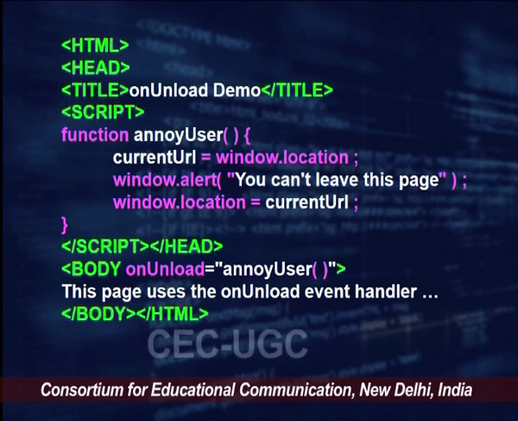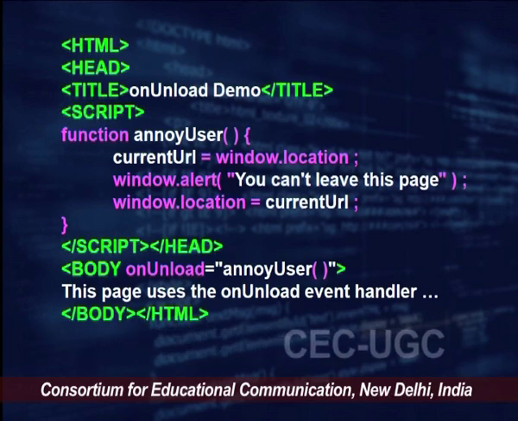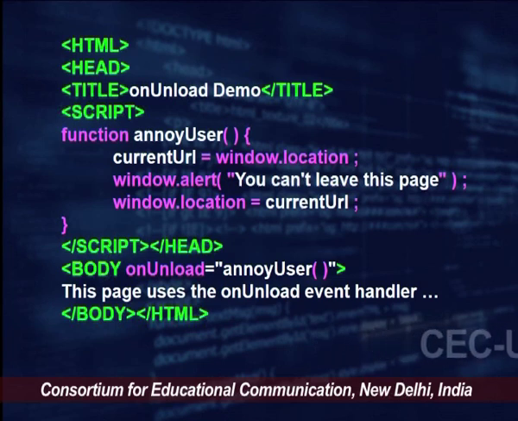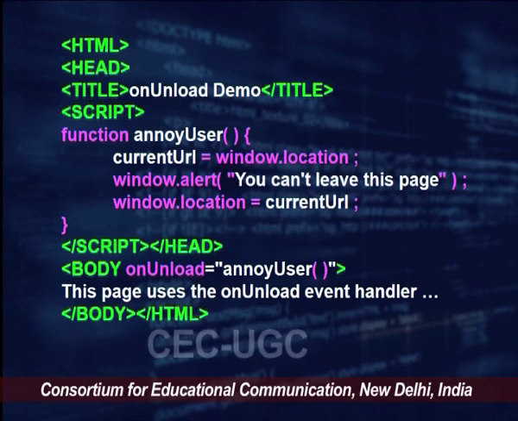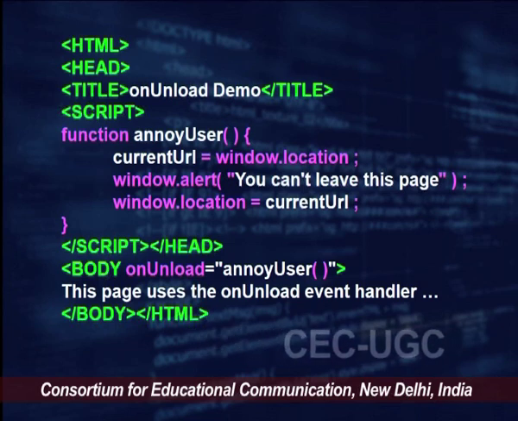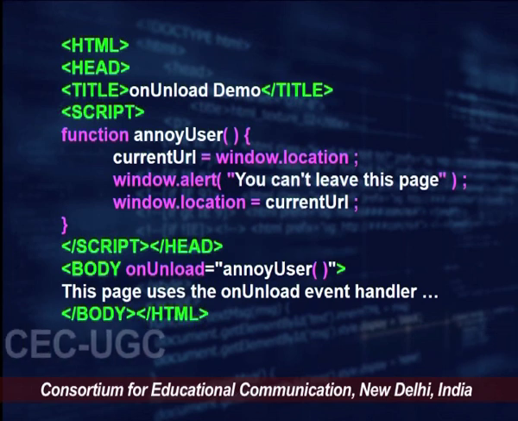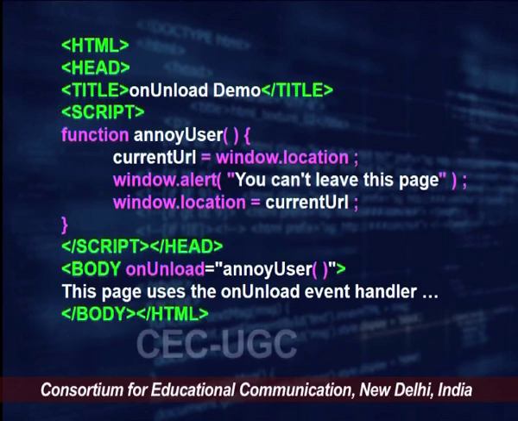This event belongs to the body and not to any other individual element or button or text box. In the body we will call a function, say we have defined a function annoy user, on the unload event, and you can give a message to the user.